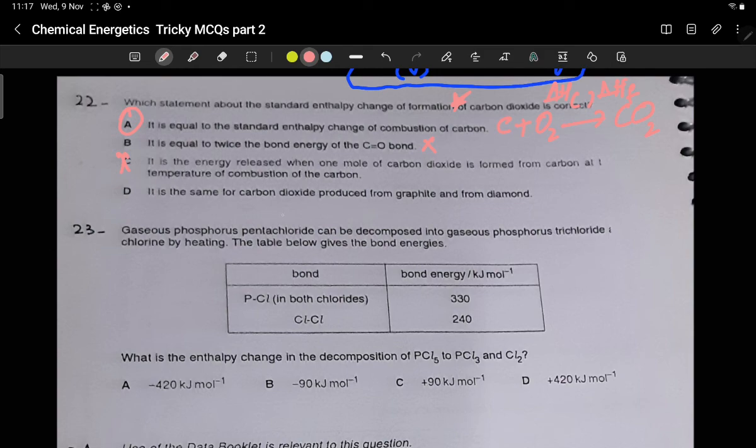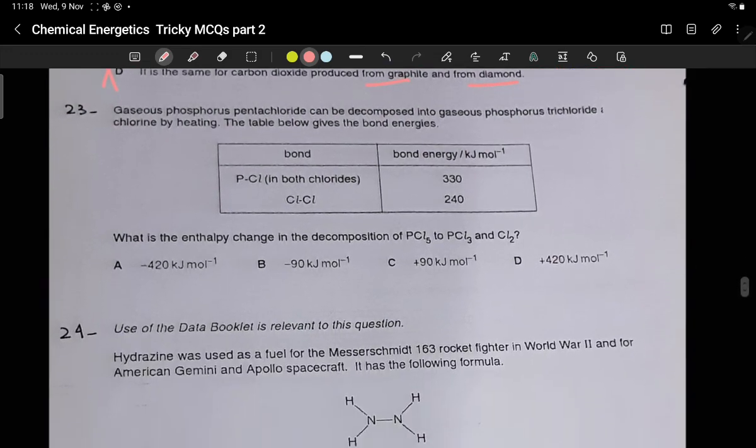It is the same for carbon dioxide produced from graphite and from diamond. No, this is also incorrect, not the same. So option A, it is equal to the standard enthalpy change of combustion of carbon. Enthalpy change of formation of carbon dioxide is equal to the enthalpy change of combustion.